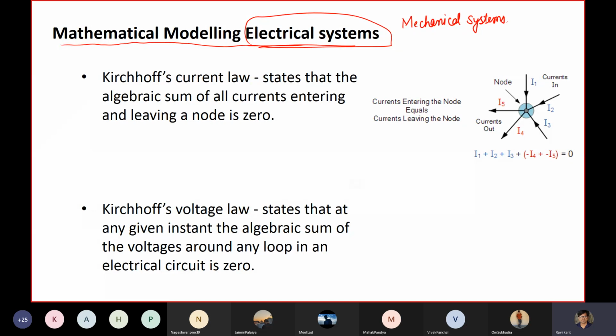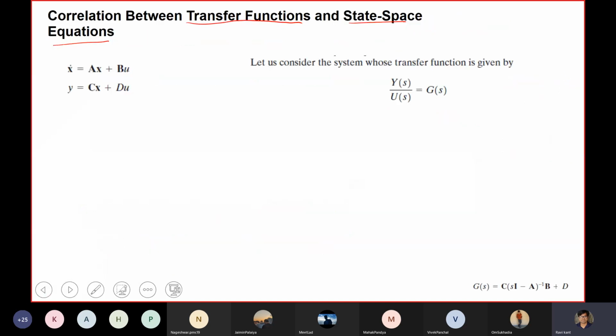Let's talk about how we want to seek the correlation, if at all, between the transfer function, that is the G(s), output by input, and the state space.